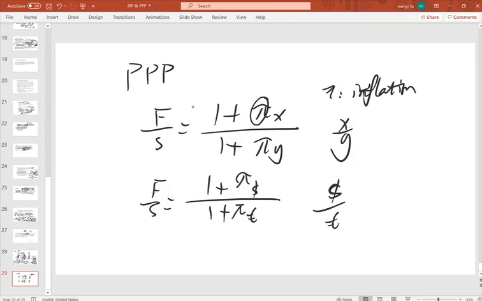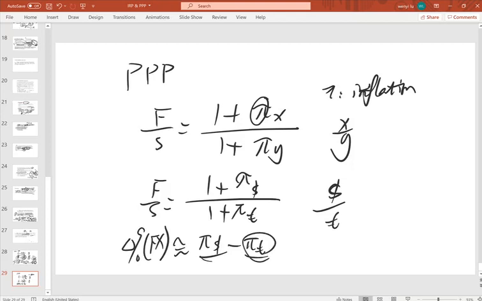So if the US has a higher inflation than foreign countries, you can say for the same euro, it will get what?